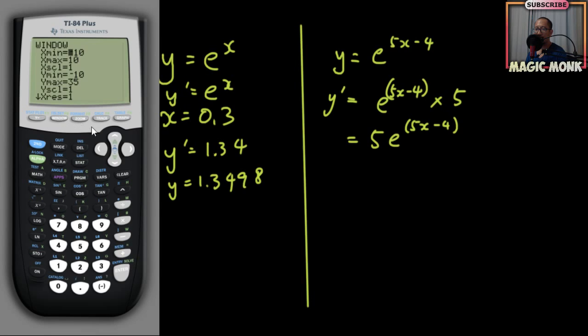The problem with this is the y min is messed up. Let's just do -5 to 5, then -3 to 3.